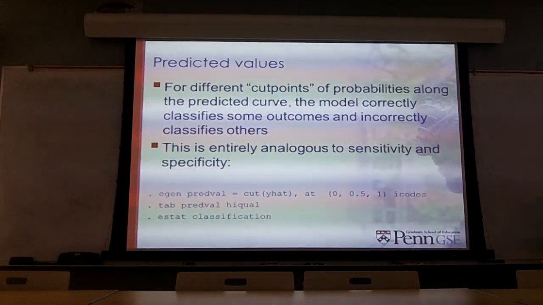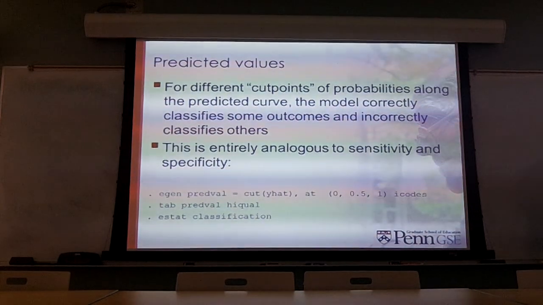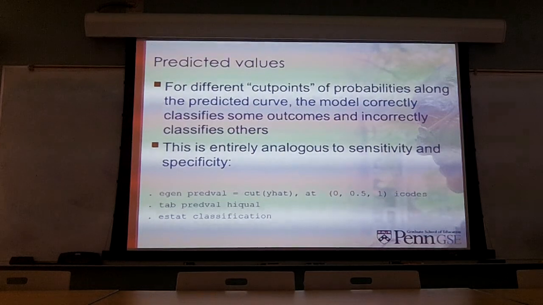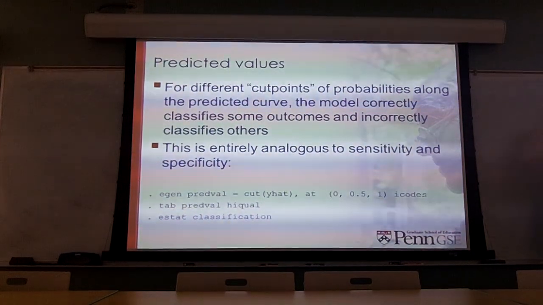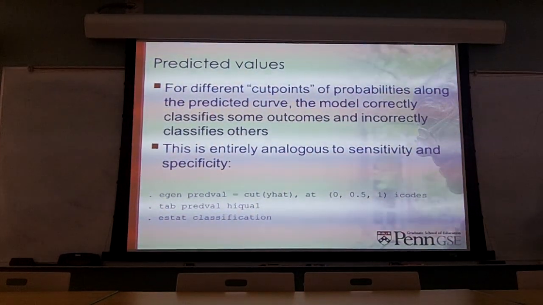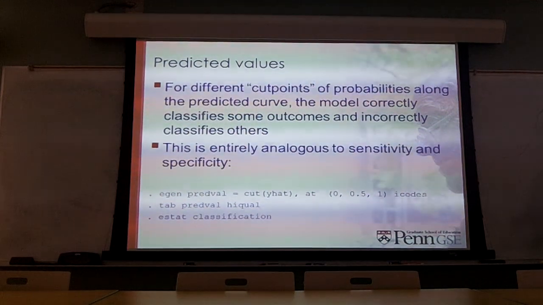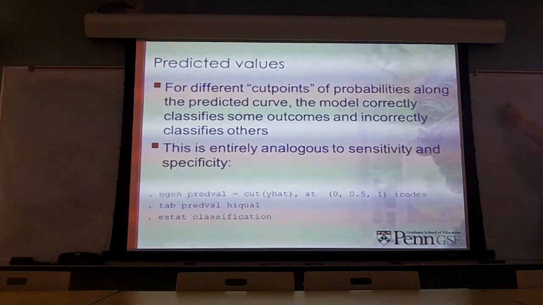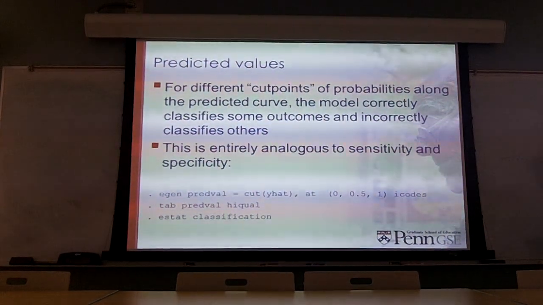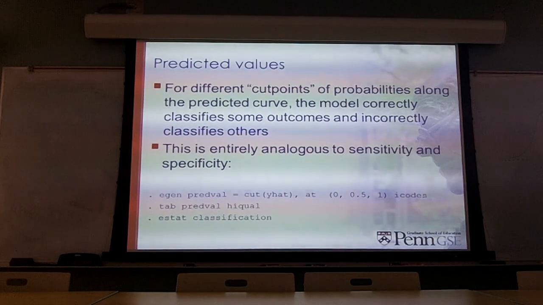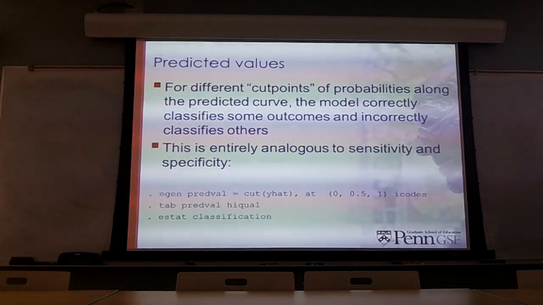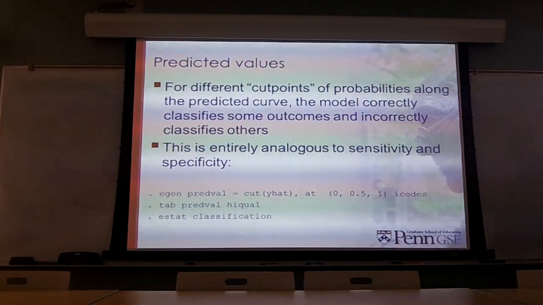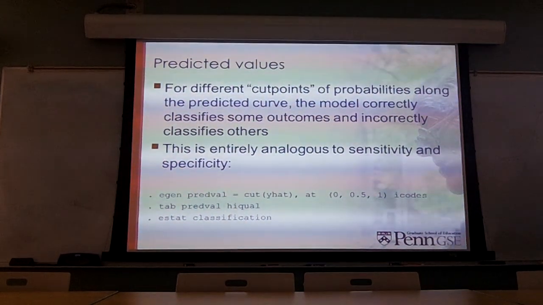So what I want to talk about next is that along this curve, along the function that we just observed, the probabilities are not perfect, right? Our classification or our prediction as to whether or not somebody was in a high quality school system was not perfect.